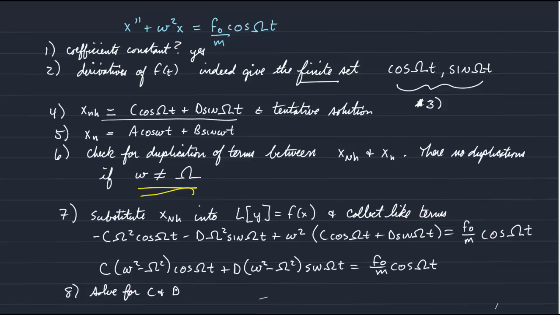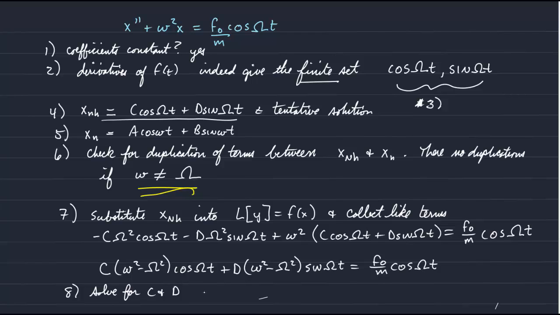And so if we compare, we can see that we have two cosine capital omega t's, one on the left-hand side and one on the right-hand side.